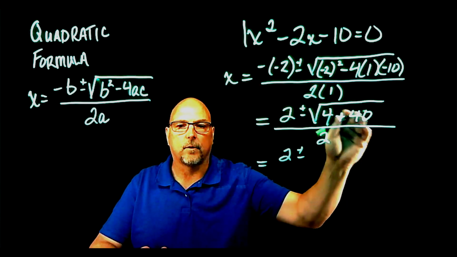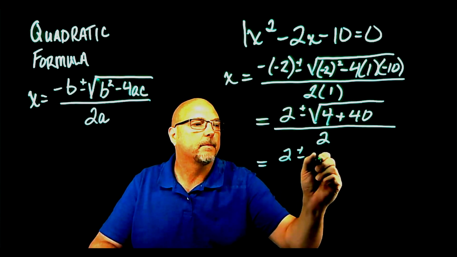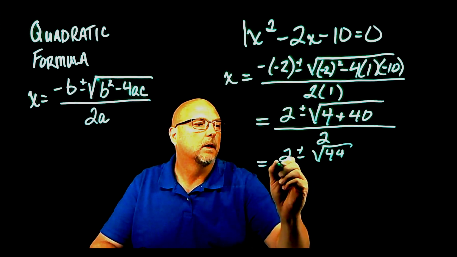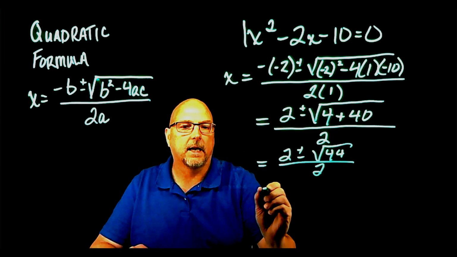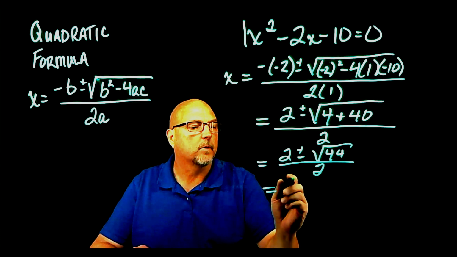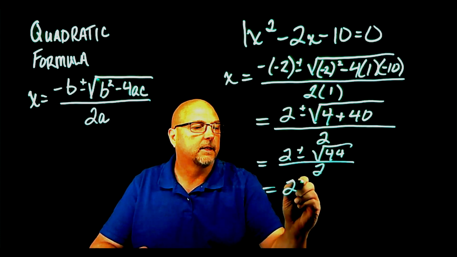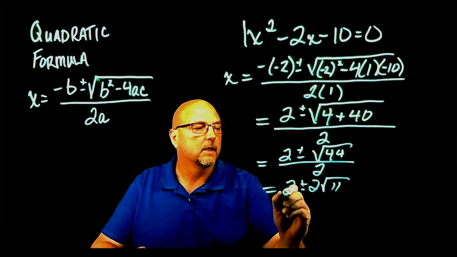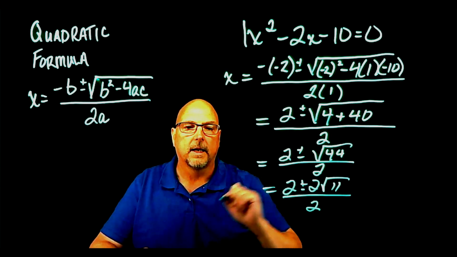So 4 plus 40, that gives me a 44, actually, all over 2. And radical 44 simplifies. That just becomes 4 times 11, so 2 radical 11, all over 2.